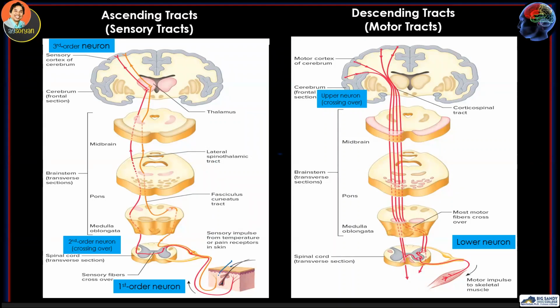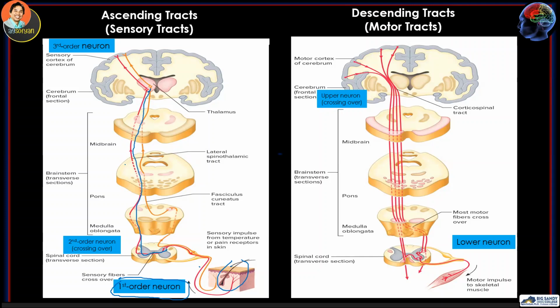So this is the receptor. There's going to be the first neuron over here. It's called the sensory neuron, and that sensory neuron becomes what we call the first order neuron. And then there will be an interneuron that receives the information from the first order neuron, or from the sensory neuron. That neuron will carry that information to the thalamus.